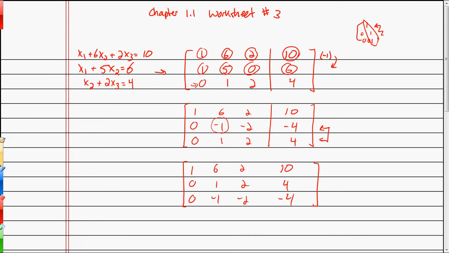All right. And so now we want to get rid of this last row. I mean, we don't actually want to get rid of the whole row, it just actually happens. I want this to be a 0. So all I have to do is add 1 times the second equation to the third.